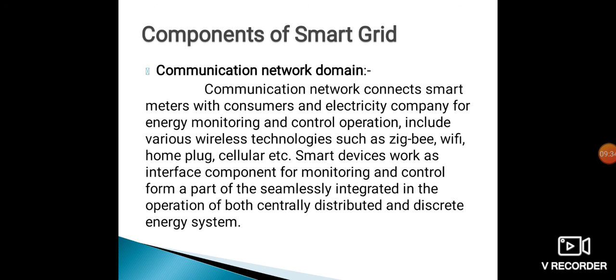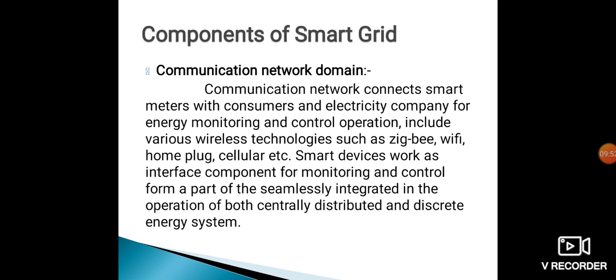So the communication network is the network which connects smart meters with the customer as well as the electricity company with the help of technologies like Zigbee, Wi-Fi, home plug and cellular, etc.